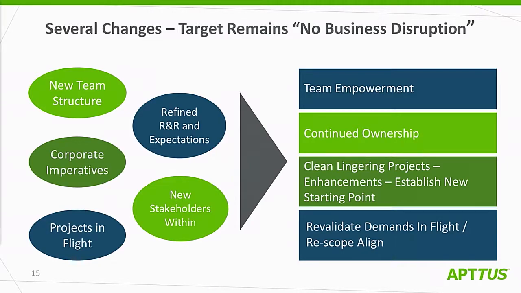I spotted somebody from my team in Poland here, David, who supports our Salesforce instance globally. Define roles and responsibilities and expectations as the management imperatives change throughout, that is a moving target. But how do you make sure that it doesn't disrupt your business? You've got to make sure of team empowerment.